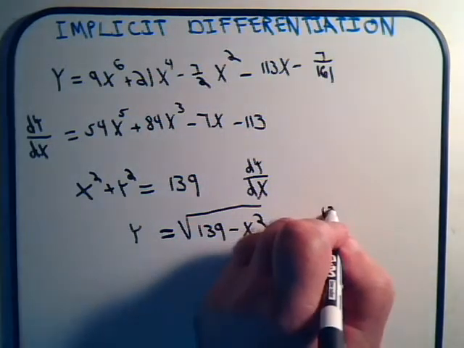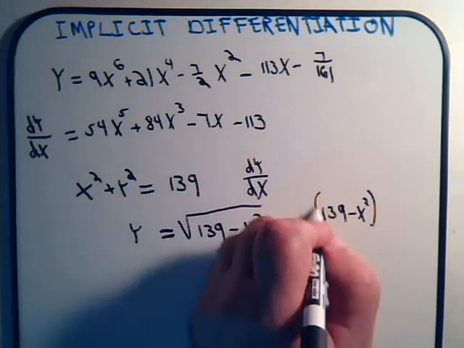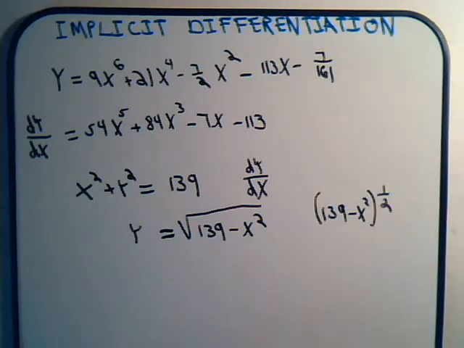And of course that's 139 minus x squared to the 1/2 power, so we could go ahead and calculate dy dx.